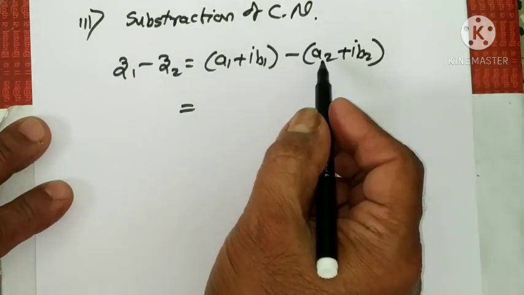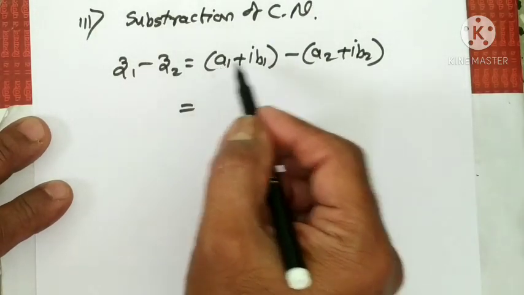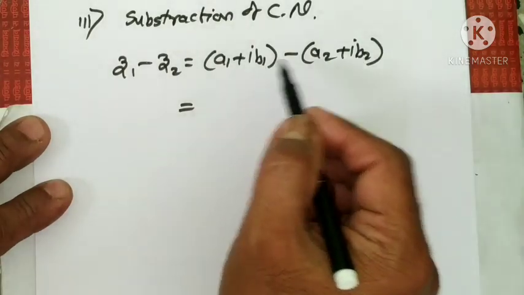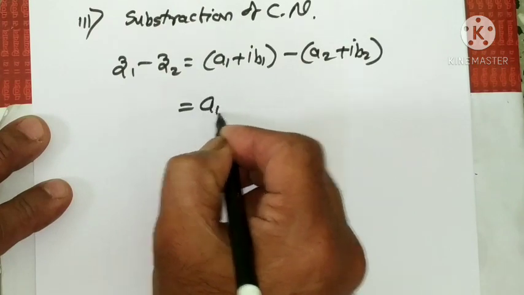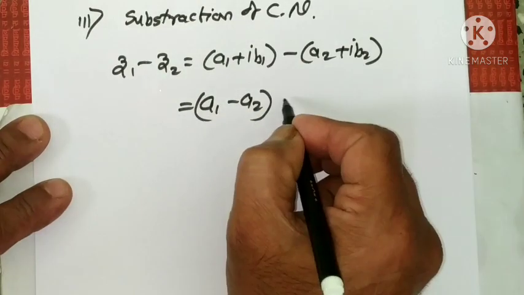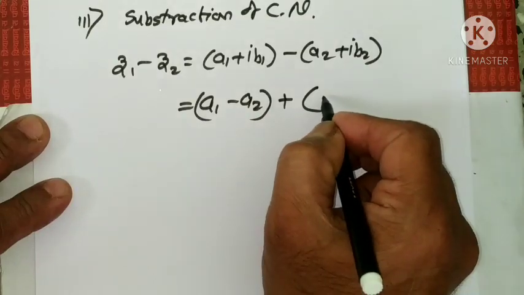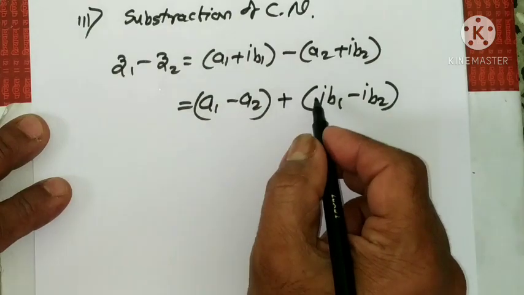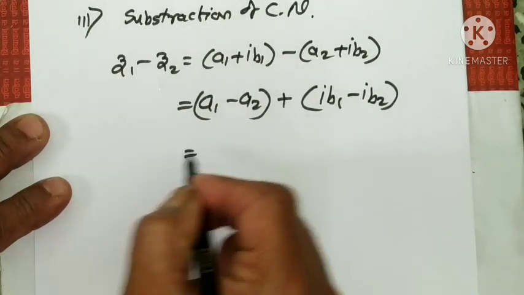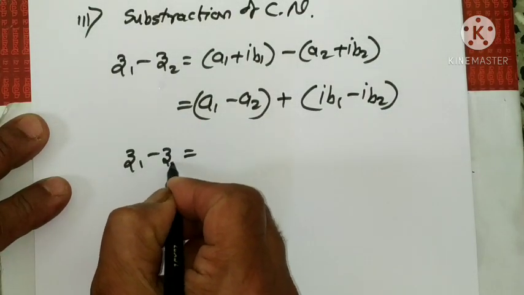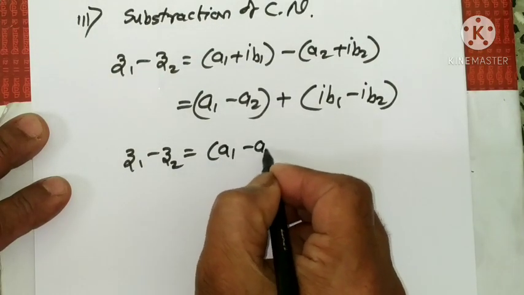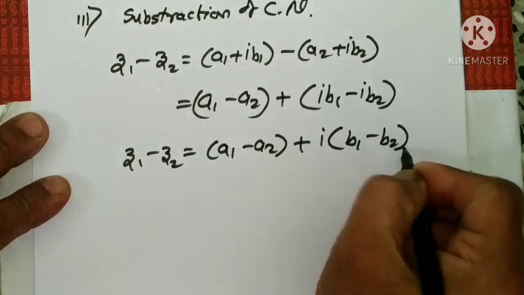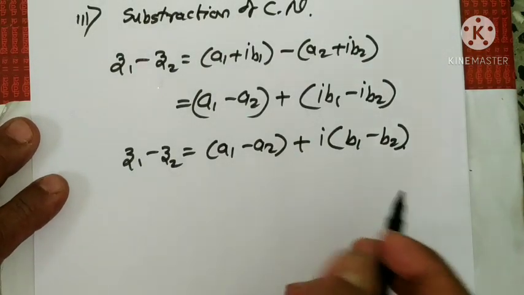Subtracting the real numbers as well as subtracting the imaginary numbers, that is a1 minus a2 plus, in bracket, ib1 minus ib2. Taking i common outside from the imaginary part, therefore Z1 minus Z2 is equal to a1 minus a2 plus i times b1 minus b2, which is the subtraction of the imaginary part.